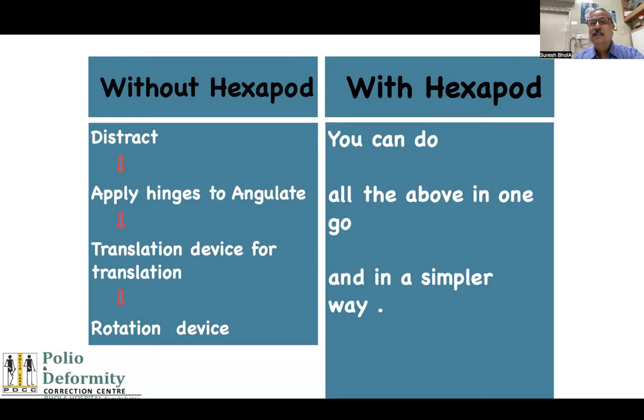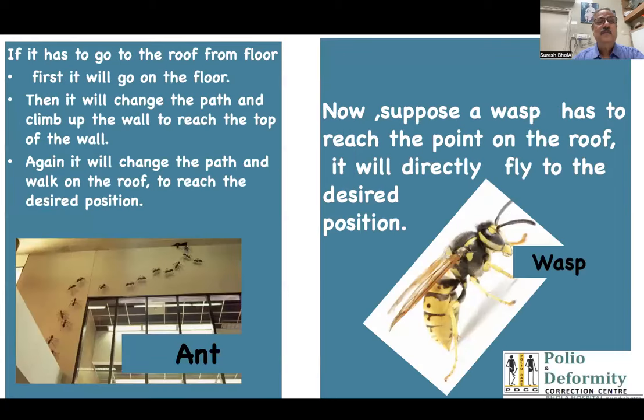But all these things can be done in a simpler way in one go with the hexapod. Without hexapod, either hinges or translation devices or rotation devices, and with hexapod, we can do all these things in one.